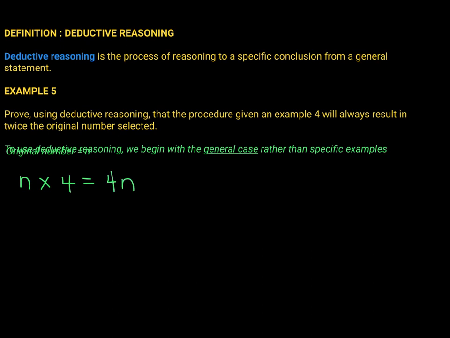The next thing it says, in the procedure, is add 2 to this product. Okay, so here's the product, 4n, and we're supposed to add 2. Okay, that's just 4n plus 2. You can't simplify that or anything, so it's just 4n plus 2. The next step in the procedure is to divide this sum by 2.